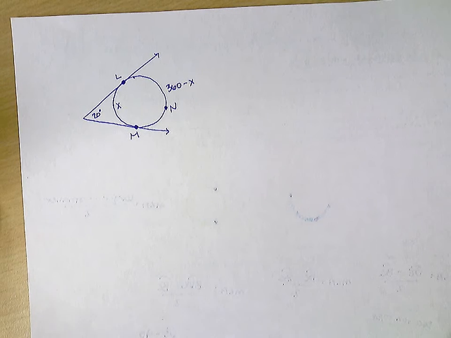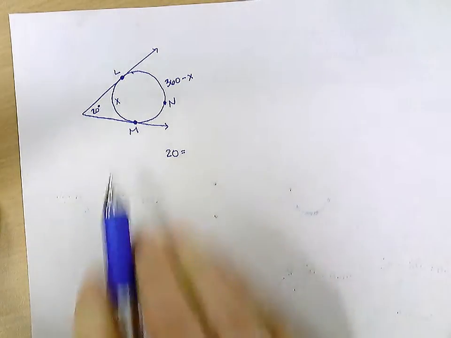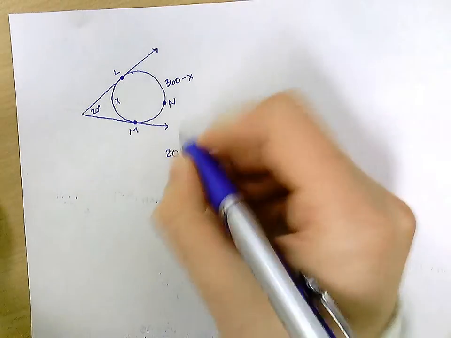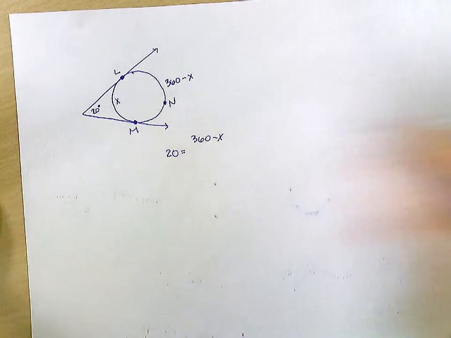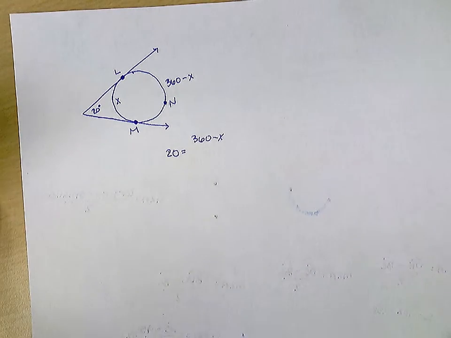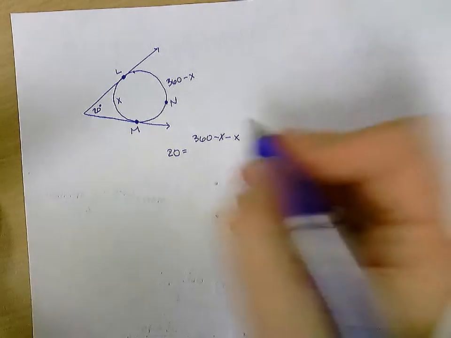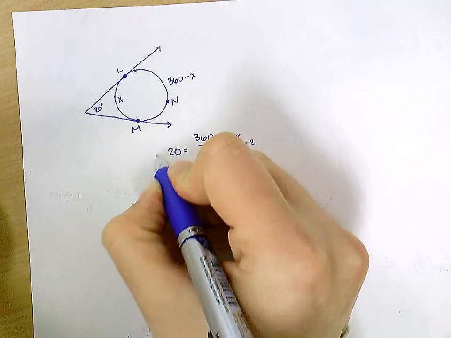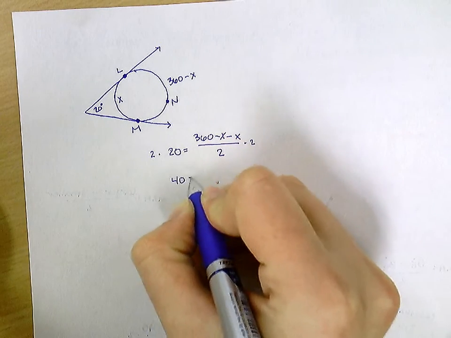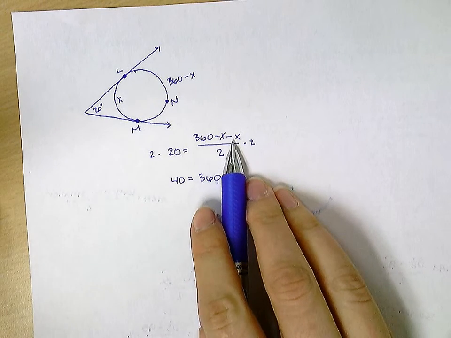Okay, so I'll just keep going with this example. For this one, I would take my angle, which is 20. I take my larger arc right here, which is 360 minus X. Then subtract my smaller arc, which is X, and divide by 2. Okay, again, I can multiply by 2 on both sides. Now, if I have minus X and minus X, what does that make?